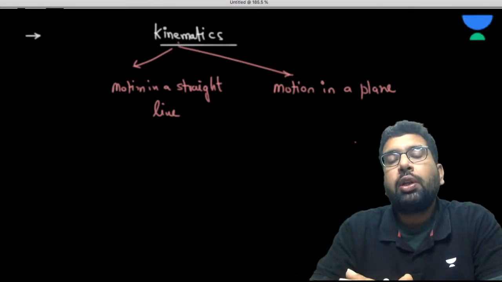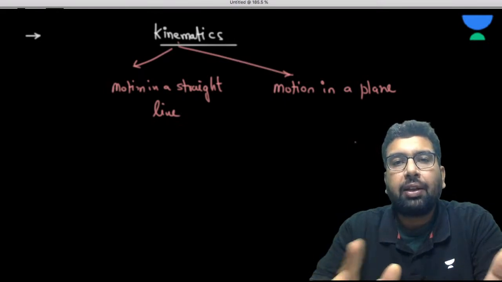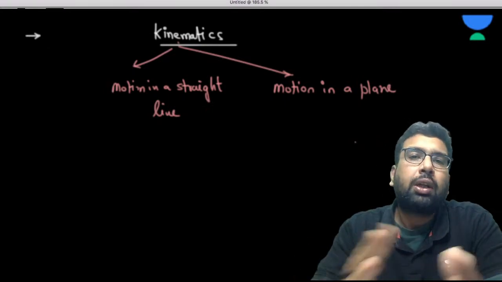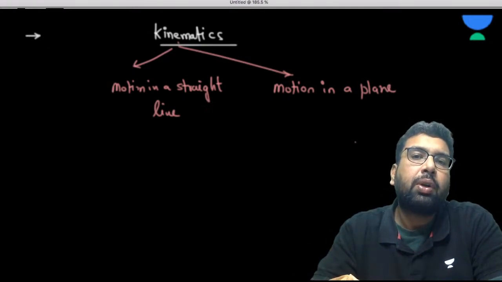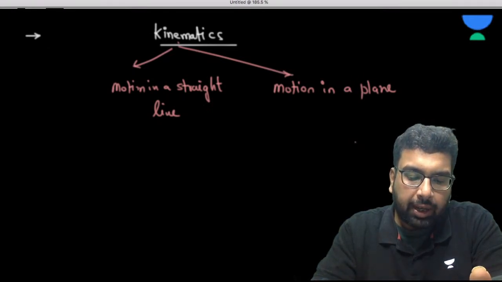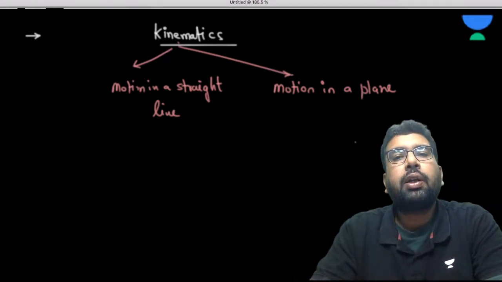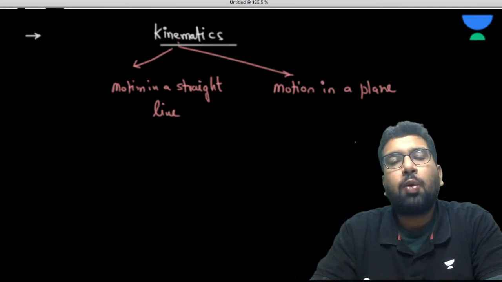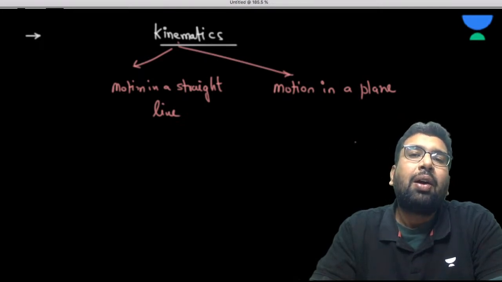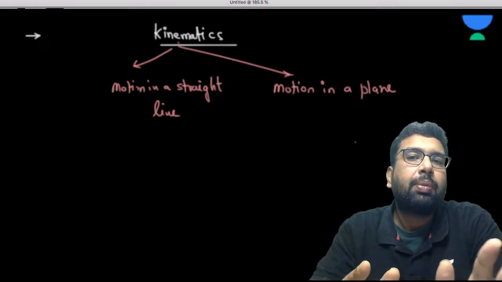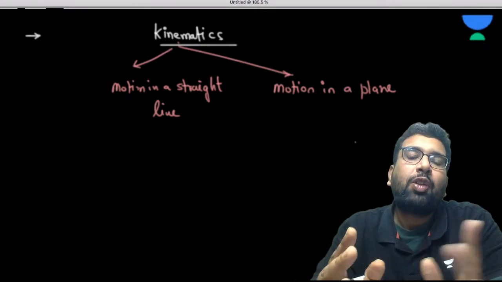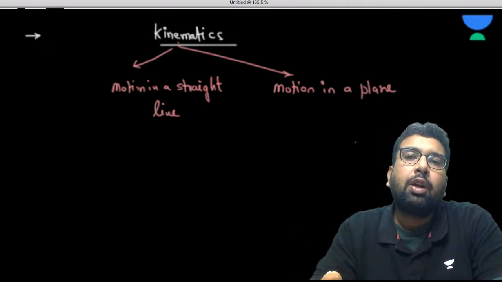Now, in motion in a straight line, we have done a few things. We have learned the basics: what is distance, what is displacement, what is speed, what is velocity, and how to make graphs in kinematics, like how to draw the displacement-time graph and interpret it, the velocity-time graph, how to reach the acceleration from velocity, and how to reach the velocity from acceleration.